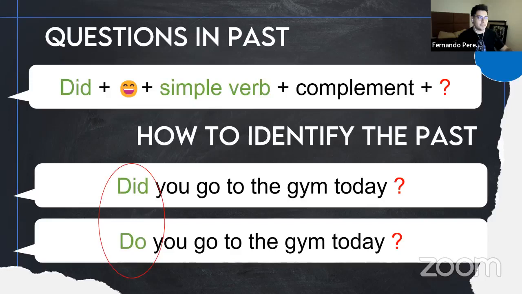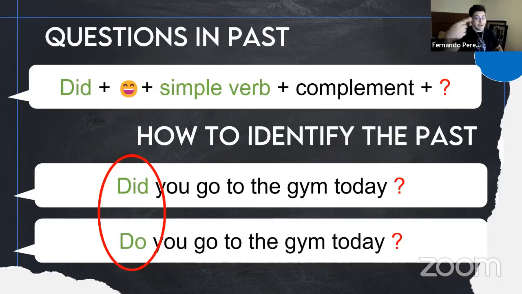That's the only difference between questions. Which means it's important to consider questions and auxiliaries. Super important. Because thinking in English, you need to think in the auxiliary first.